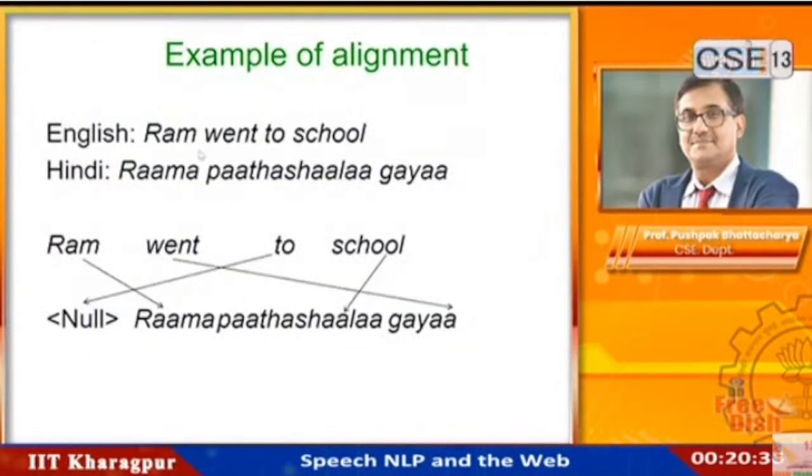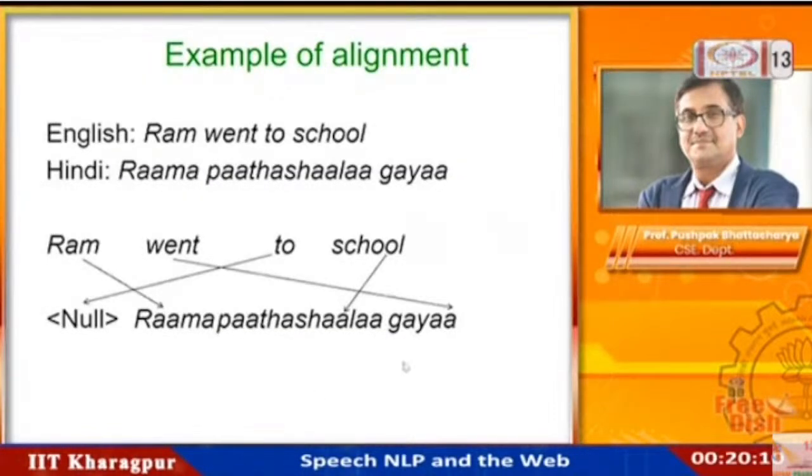Now, example of alignment: Ram went to school. Hindi is Ram Pathshala gaya. So Ram maps to Ram. Went maps to Gaya. To goes to nothing. And school goes to Pathshala.